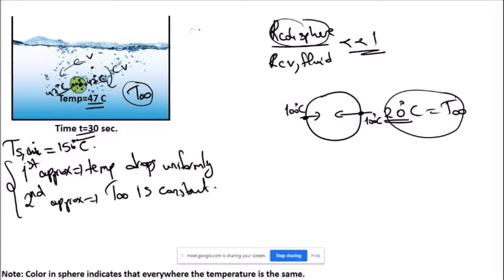It has very small resistance, therefore this 100 degrees Celsius is felt everywhere at the same time. Understand what I mean? Because it has very small resistance, the body feels it everywhere at the same time. And then the temperature drops at the surface because the surface of the body feels the temperature first. Okay, here the temperature is 70 degrees Celsius at the surface. But since the body has small resistance, all of its locations feel it at the same time.